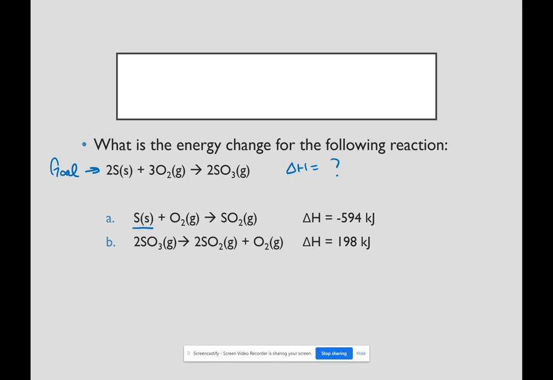And I'm going to make the sulfur in equation A exactly match the sulfur in the goal equation. When I say exactly match, it has to match the same side of the reaction, and it has to have the same coefficient. Okay, so in reaction A, the sulfur is a reactant. In the goal equation, it's a reactant. So that's good. I don't have to worry about that.